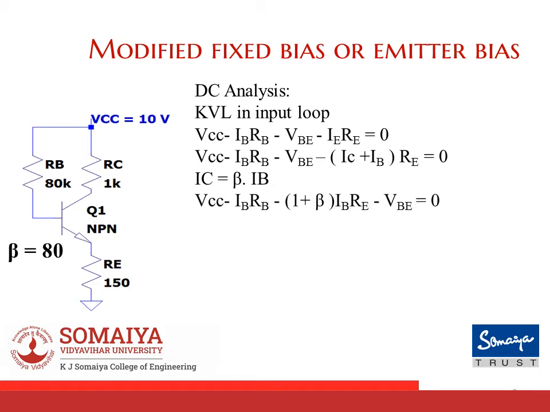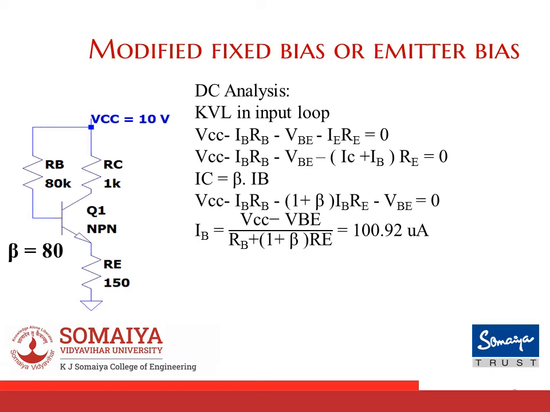So now I can write VCC minus IB RB minus (1 plus beta) times IB RE minus VBE is equal to 0. I can club all IB terms together and I'll get IB equal to VCC minus VBE upon RB plus (1 plus beta) times RE. For this numerical, it comes out to be 100.92 microamperes.